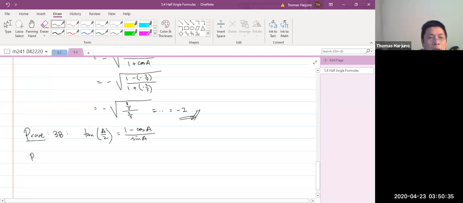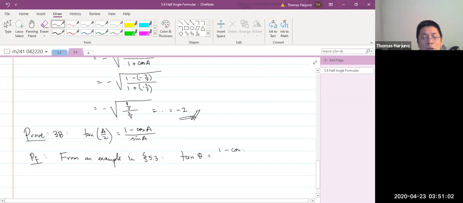And the proof is using a result that we have before, from an example in section 5.3. We have tangent theta equals 1 minus cosine 2 theta over sine 2 theta.